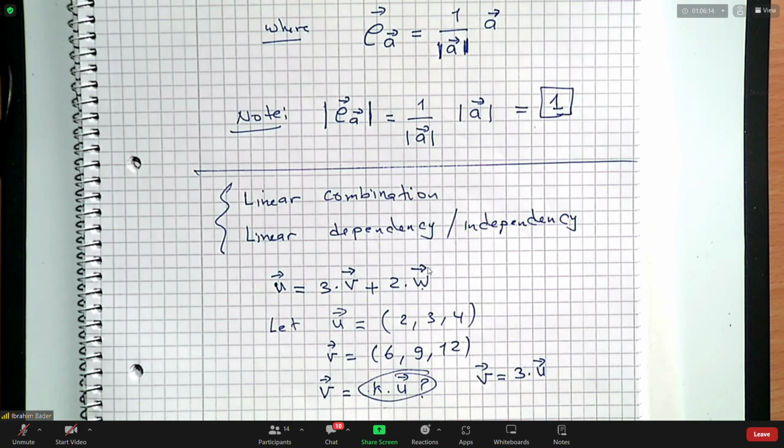So this is, if you like, the formal definition of linear independency.